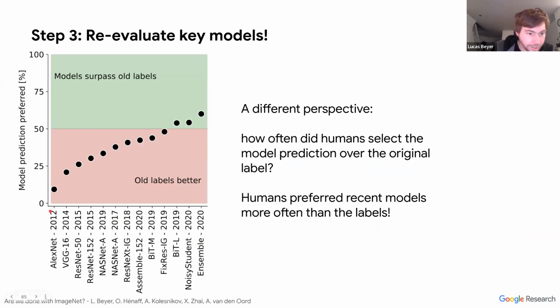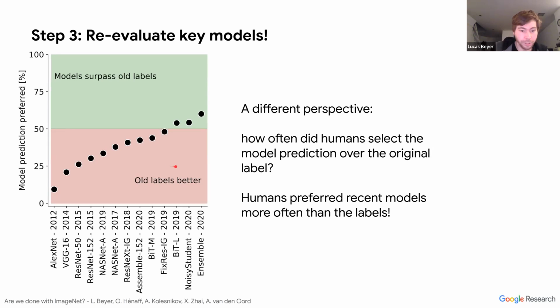So the y-axis is whether a human preferred the model's prediction to the ground truth label, yes or no, like how many percent of the images did a human prefer. So if the point is in the green, it means a human rater preferred the model's prediction more often than the ground truth label of the image.